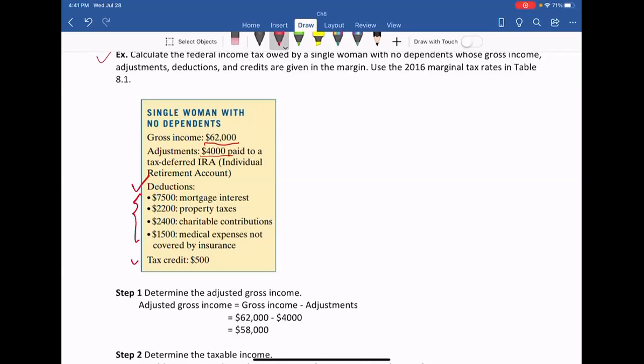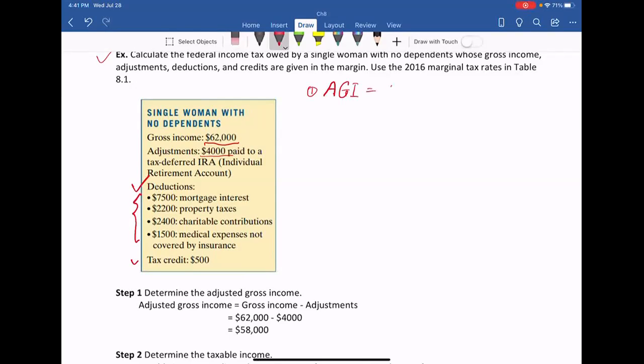So her gross income, adjustments, some itemized deductions here, and tax credits. First step, let's find the gross income. Oh, they already provide us the gross income, so no need to find it. What should we do? We need to find the adjusted gross income, AGI.